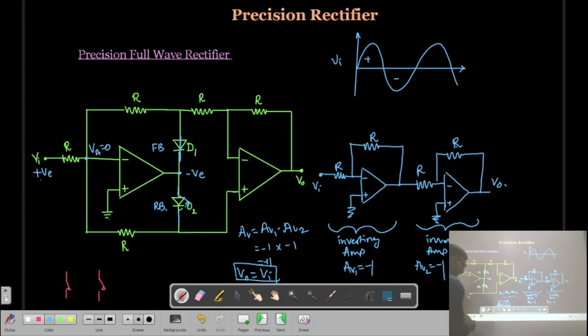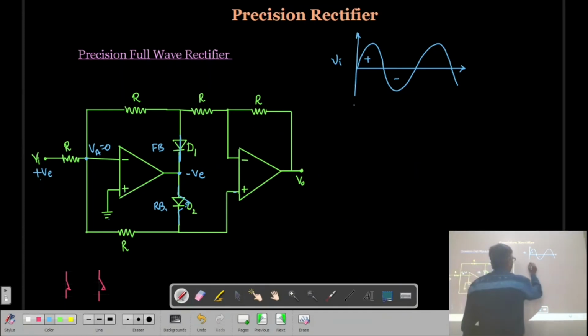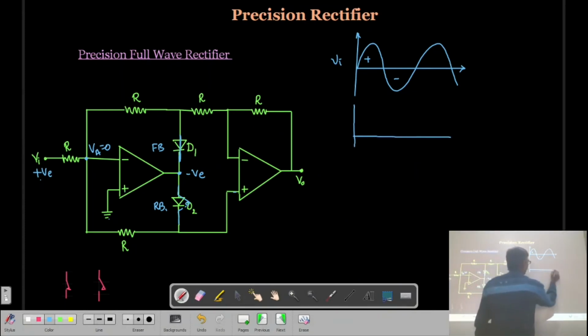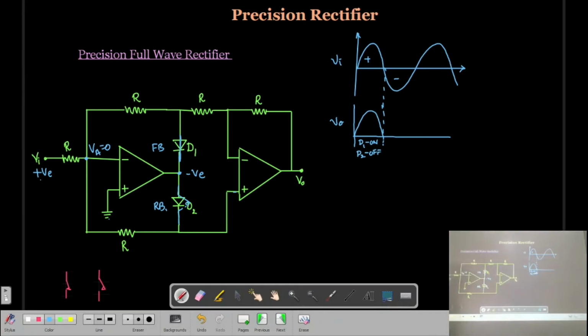So, if you see this waveform, this is the output voltage, and D1 is on, D2 is off. The amplitude of the input signal and this output signal are both the same.